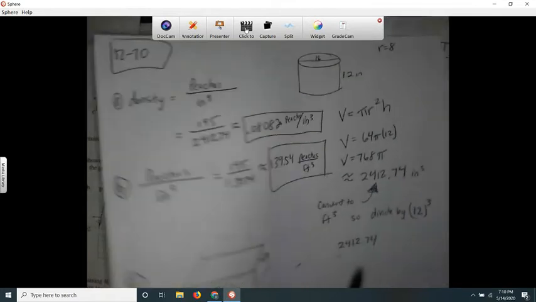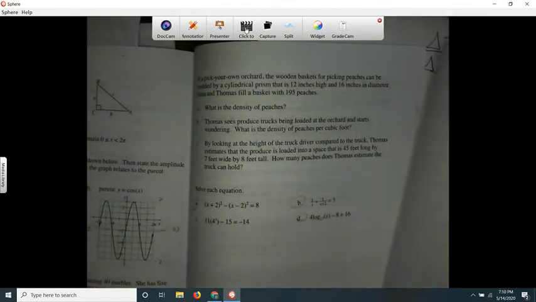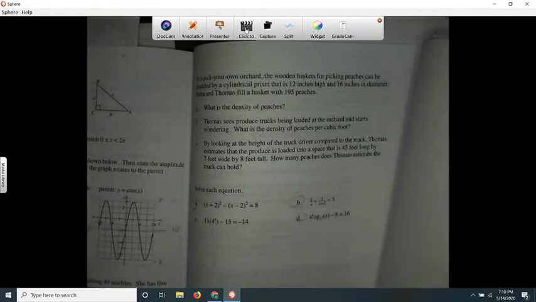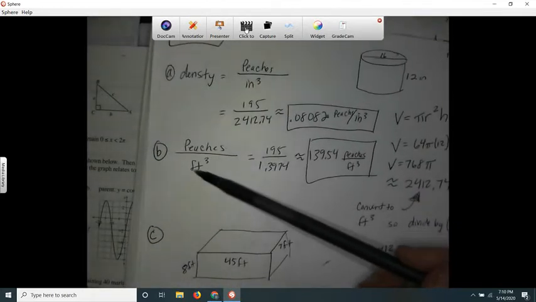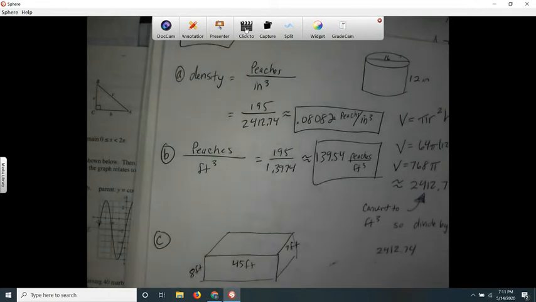Now, on letter B, they ask: Thomas sees produce trucks being loaded at the orchard and starts wondering, what is the density of peaches per cubic foot? So again, we have peaches per volume, but now in cubic feet.